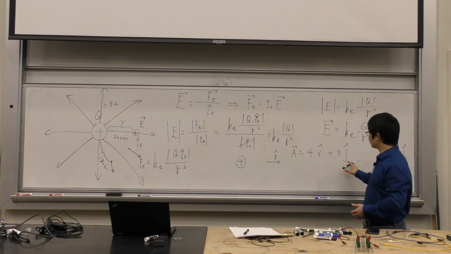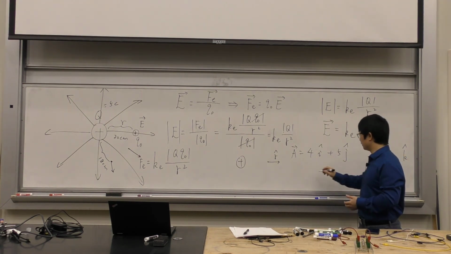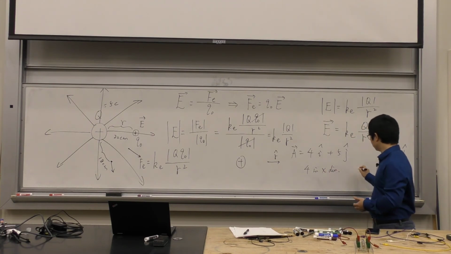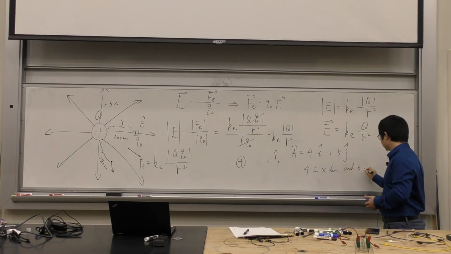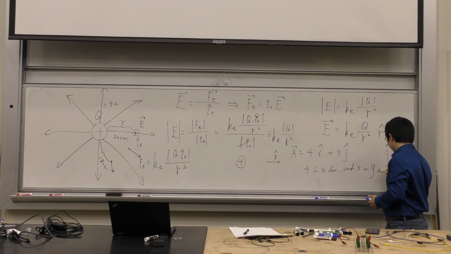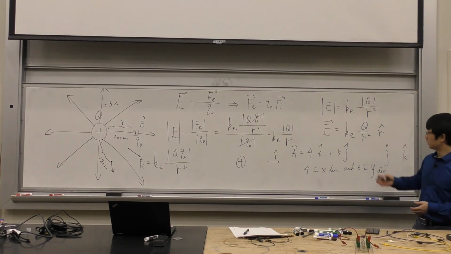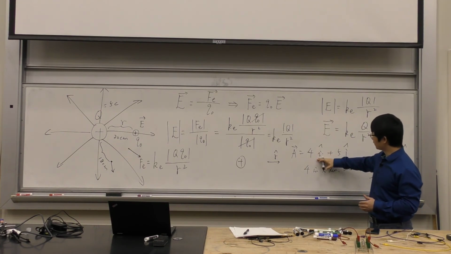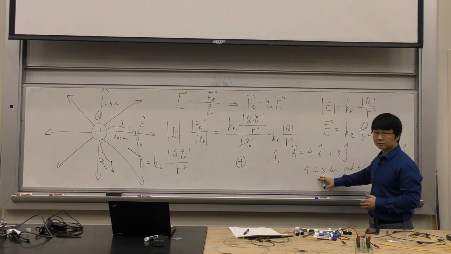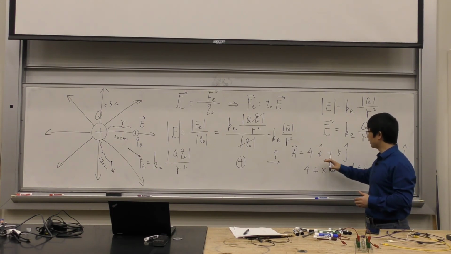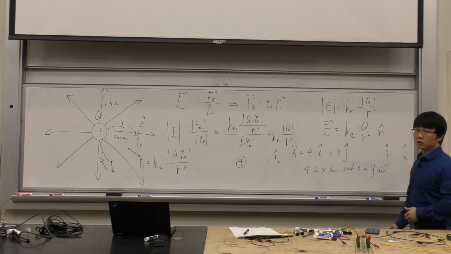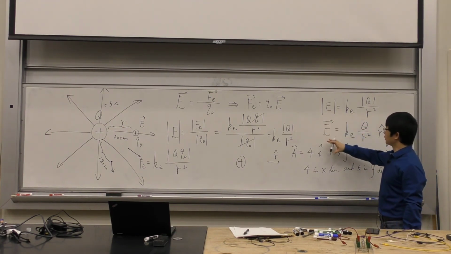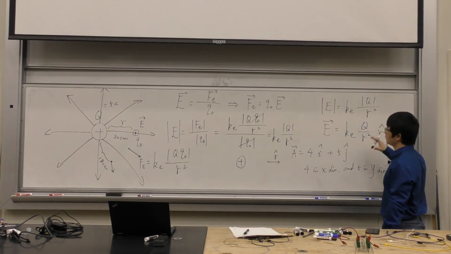But what I hat and J hat mean are literally 4 in the X direction and 5 in the Y direction. When physicists see this notation, they know that's what it means. It's because we don't want to write a lot of words. We use symbols, okay?